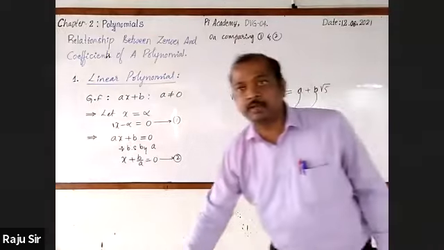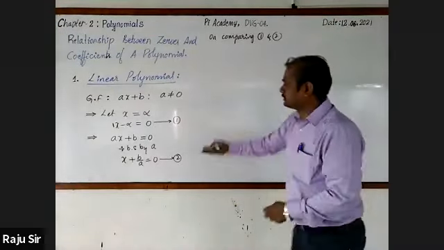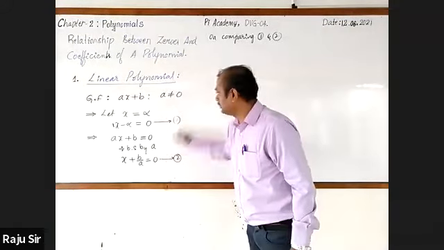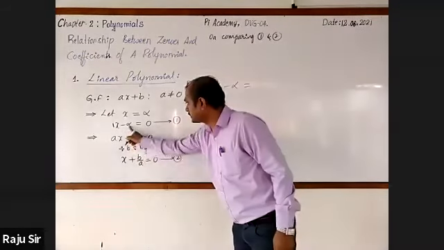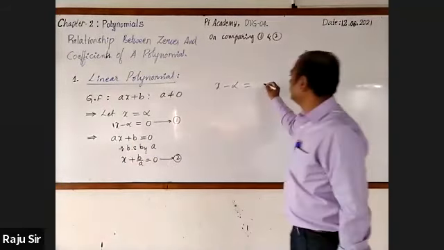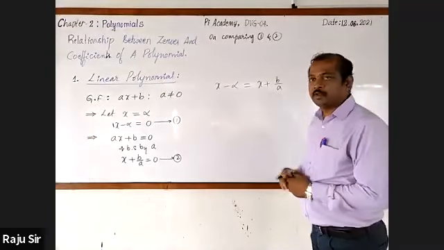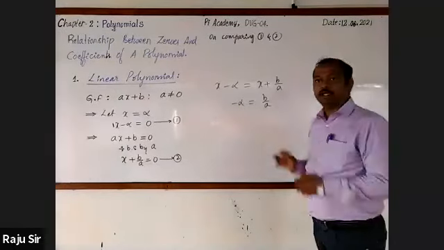In the same way, here also, comparing these two, you'll come to know that x minus alpha is equal to x plus b by a. Now, minus alpha equal to b by a.